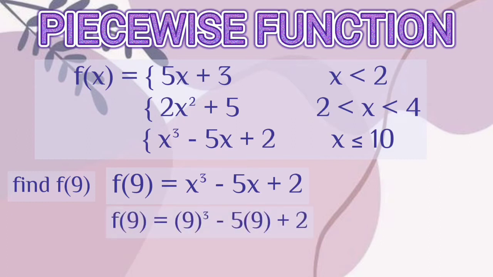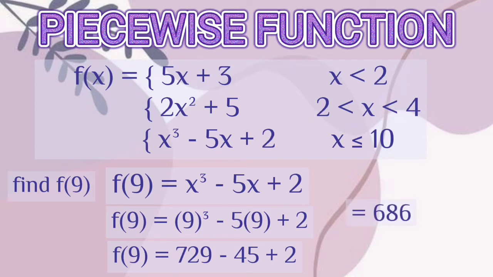We'll have 9 raised to 3 minus 5 times 9 plus 2. If we evaluate it, 9 cubed is 729, minus 5 times 9, which is 45, plus 2. Then we simplify it. 729 minus 45 plus 2 is equal to 686.